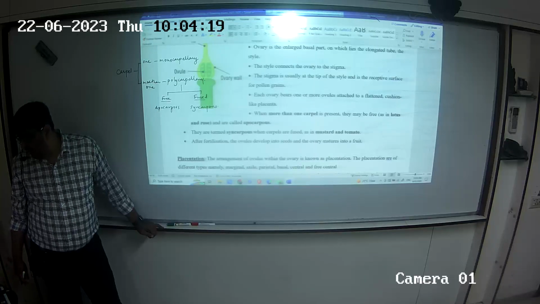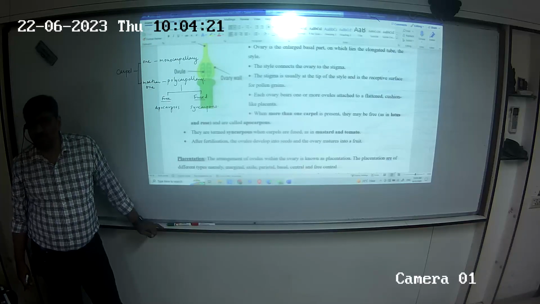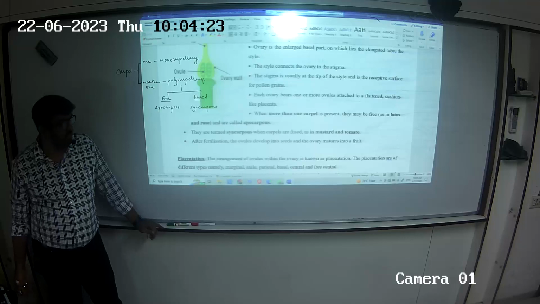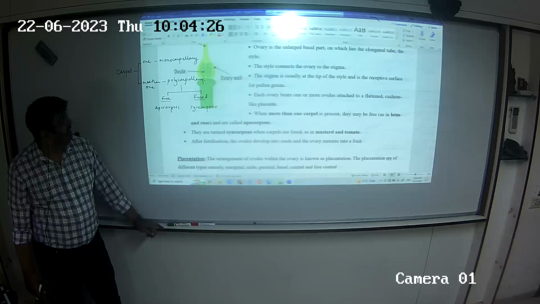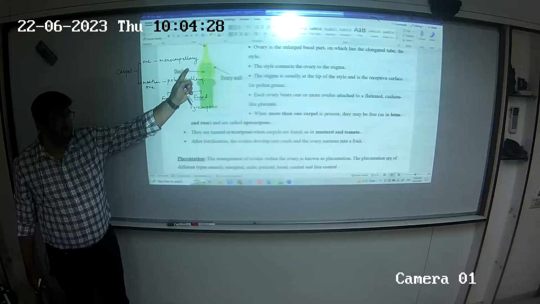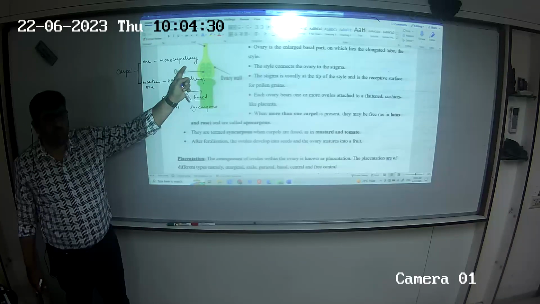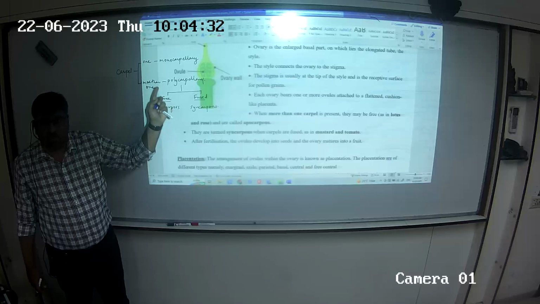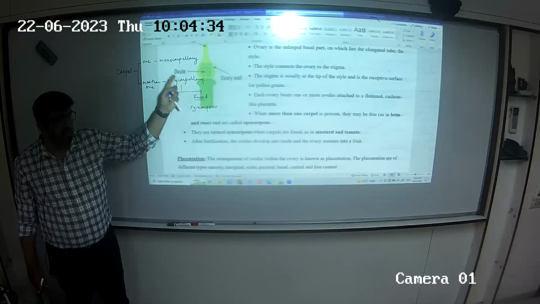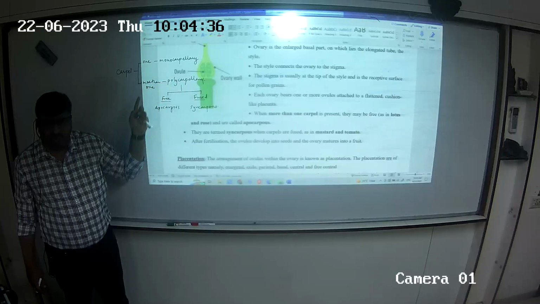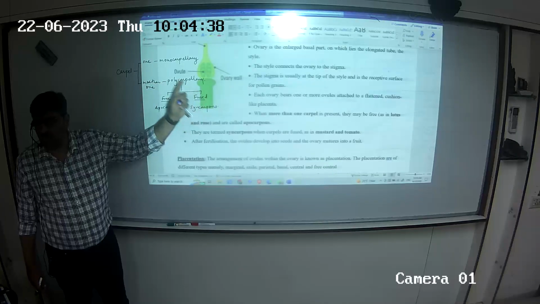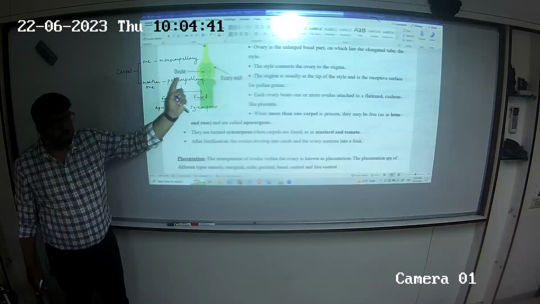After fertilization, obviously the ovules will develop into seed and the ovary will mature as a fruit. That is known. So if there is a single carpel, the condition is monocarpellary. If more than one carpel, the condition is polycarpellary. Polycarpellary will either be apocarpous or syncarpous, depending on whether they are free or fused.